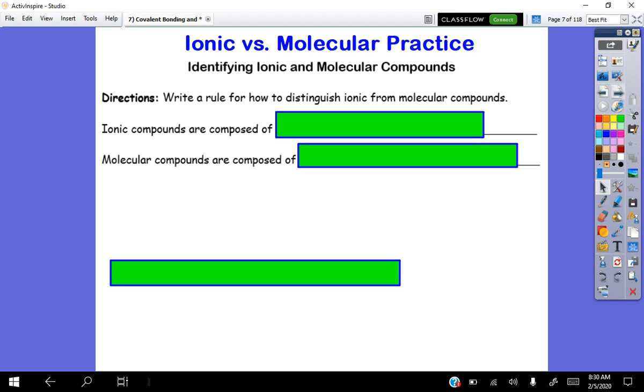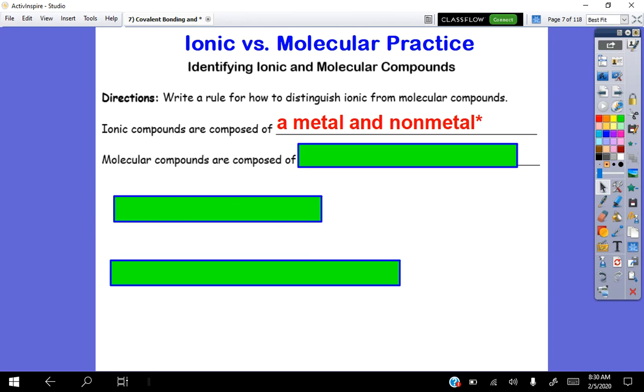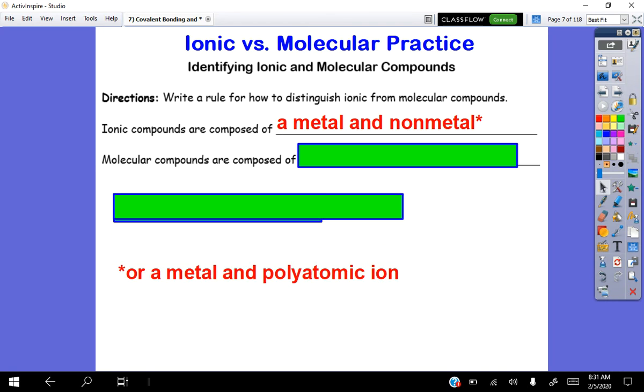So just a quick recap for our practice. We know that ionic compounds are composed of at least one metal and one nonmetal, but there's a star there, an asterisk, and that's referring to your polyatomic ion. These are things that have at least 3 atoms.